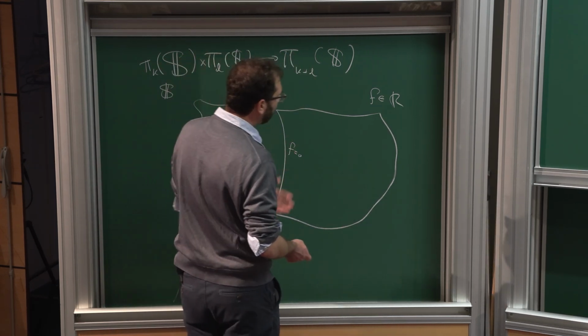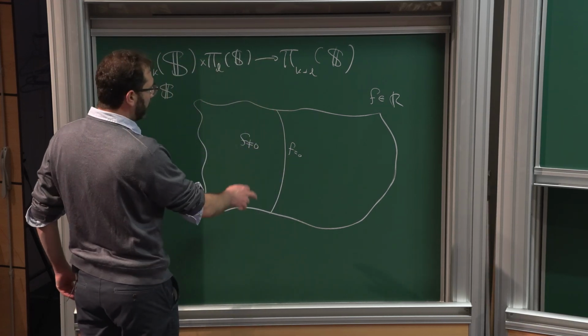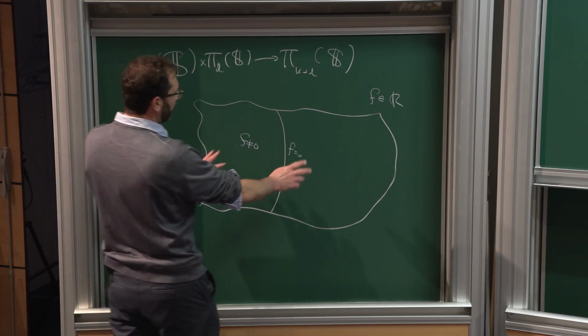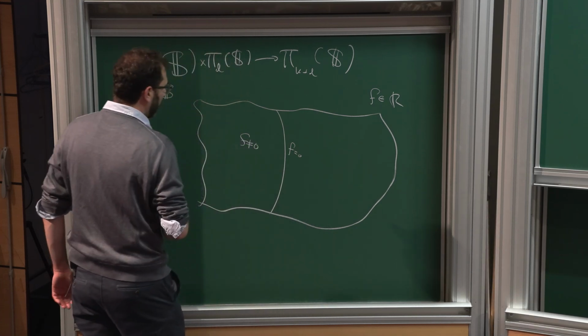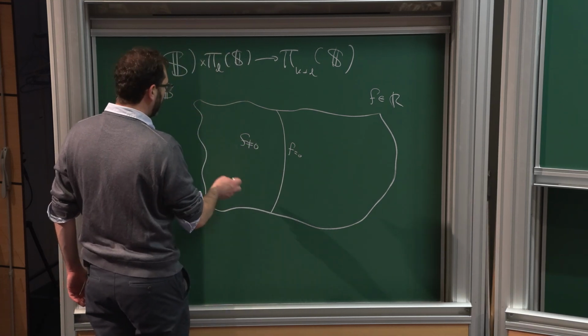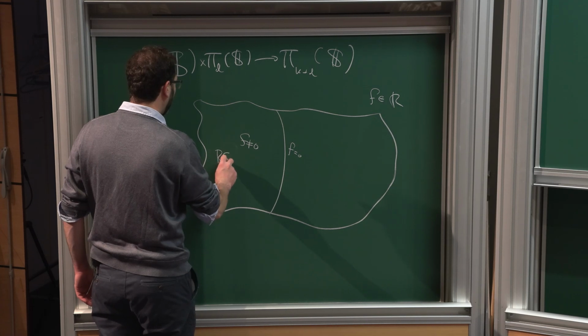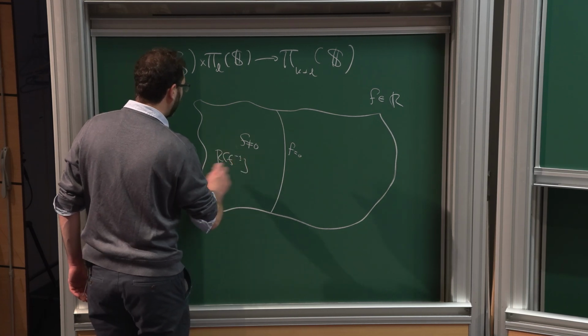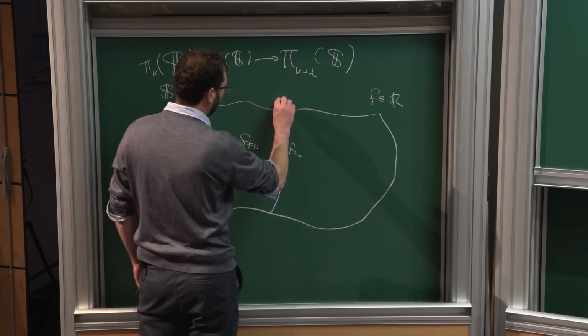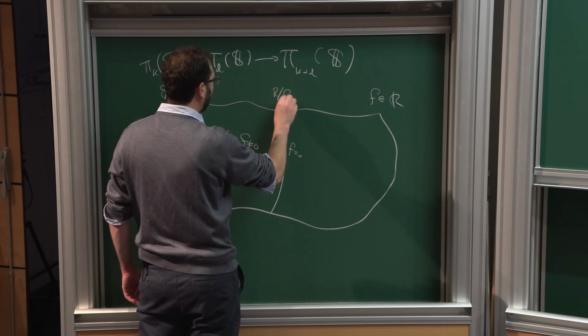So this suggests some kind of divide and conquer. And what is the ring that we're going to get as the functions essentially where f is non-zero? Well, that's going to be what happens if you invert f on the ring R. And here, we're going to get R mod f.